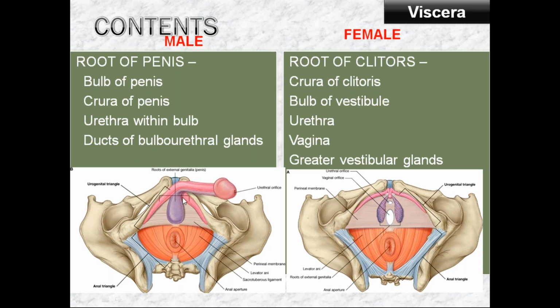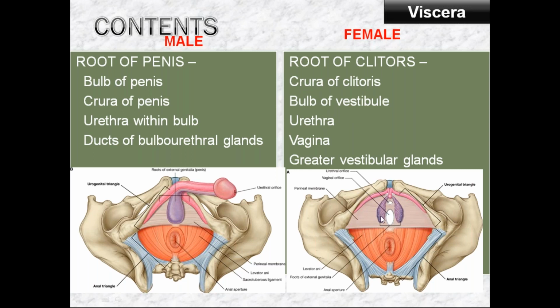Urethra with bulb of the penis, and ducts of bulbourethral glands. So ducts of bulbourethral glands are situated in superficial perineal pouch, right? In case of female, root of the clitoris, crura of the clitoris, right and left crus.